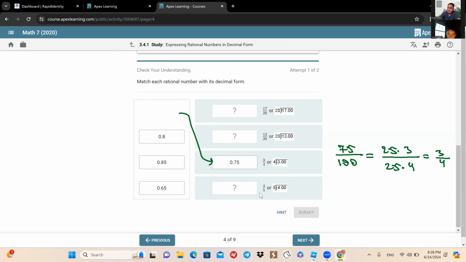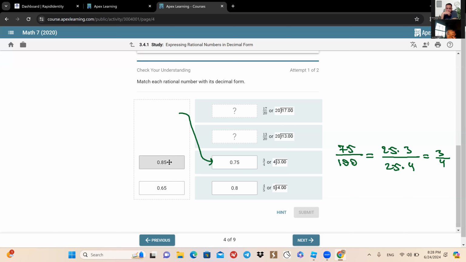Okay, this one is 4/5. So let's do this one. Let's say 0.8, which would be 8/10, which would easily match up with this one if you reduce that.